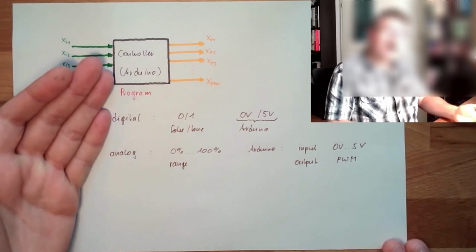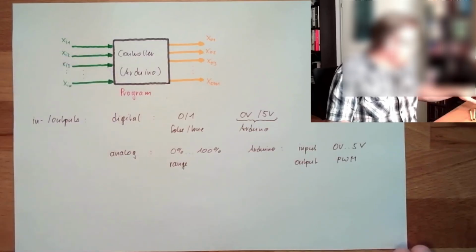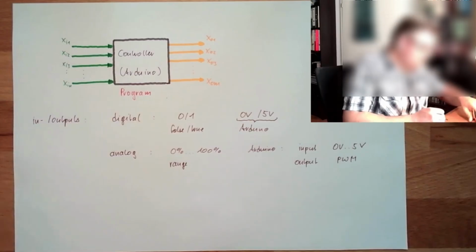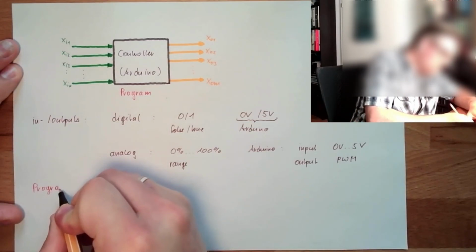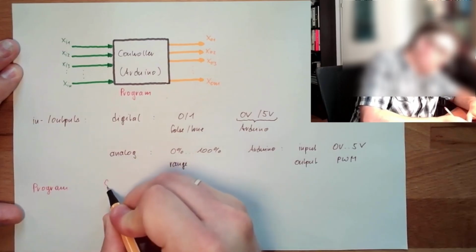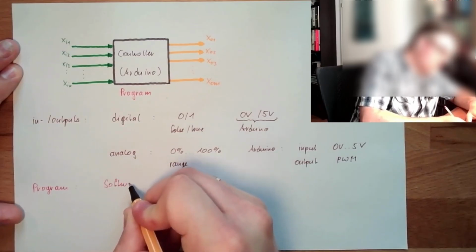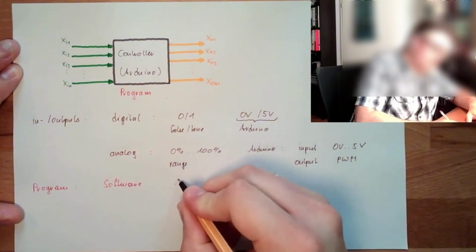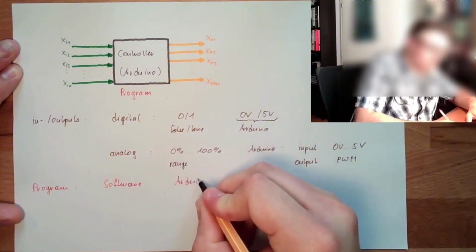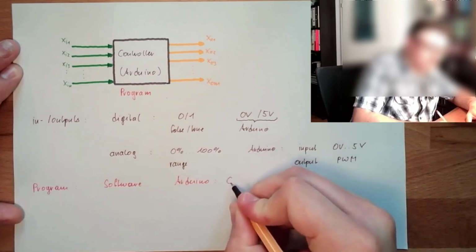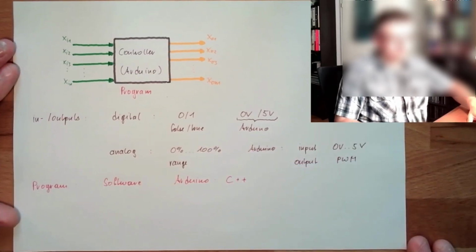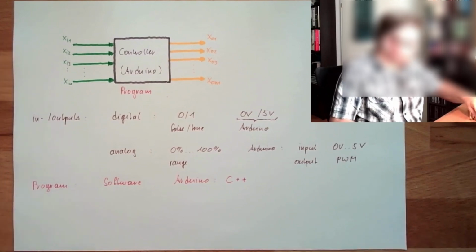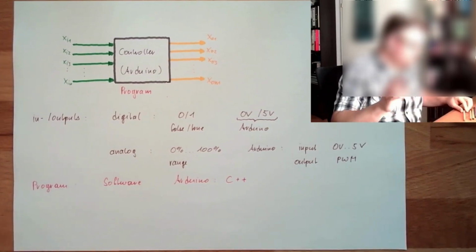In our Arduino, the program is software. And in Arduino, we usually use the programming language C++, because this comes with the Arduino IDE. We will go and install this in the next video.